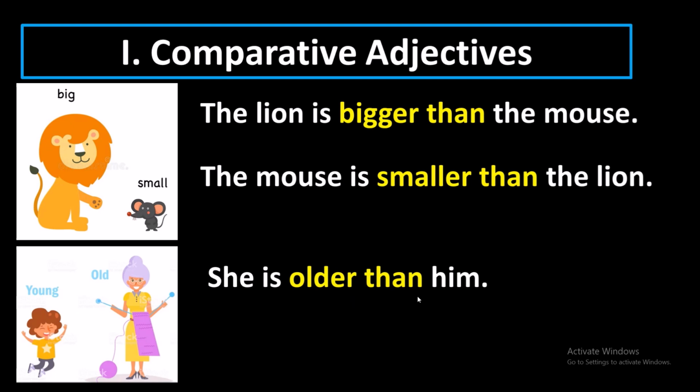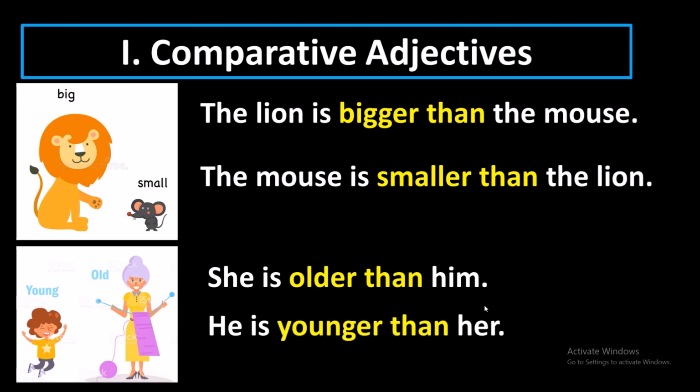So er plus than, older than. Or another way you can say he is younger than her. This is another way to compare two people, older and younger. Let's move on to the next thing.